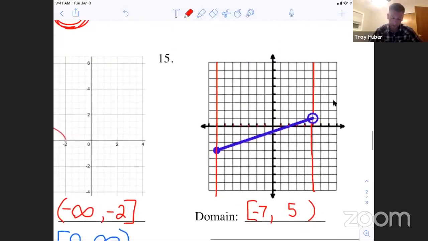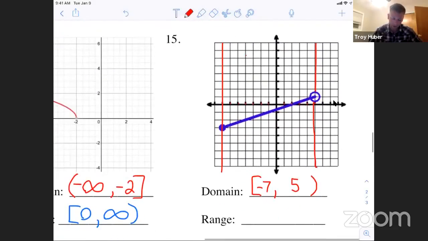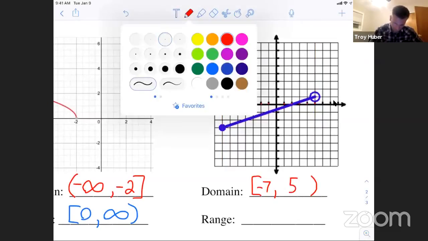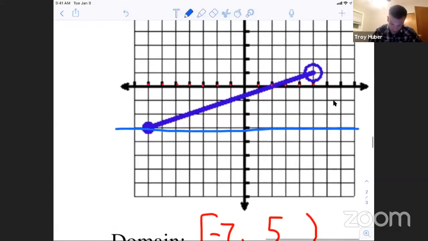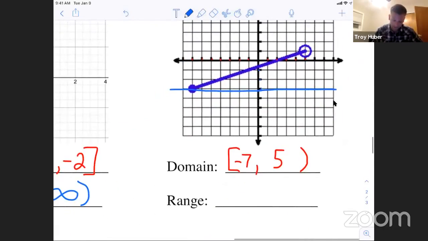So that covers left and right. It means that your graph is all in between these points here. Now let's talk about up and down. So our lowest point is right here. And that would be at -1, 2, 3. And it's filled in, so it's included. So I'd say -3.